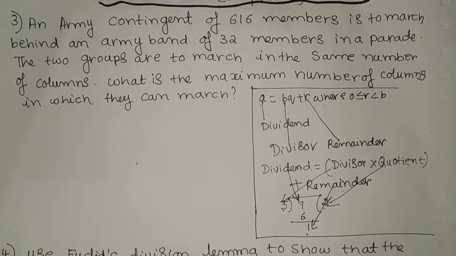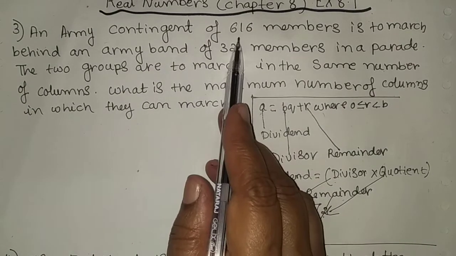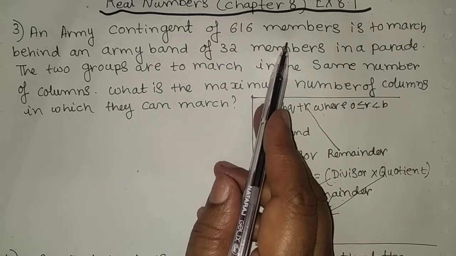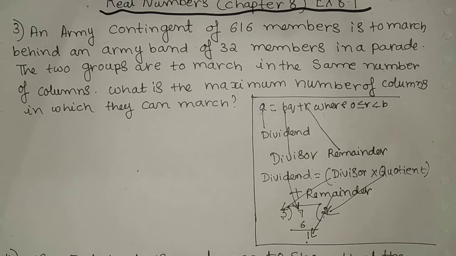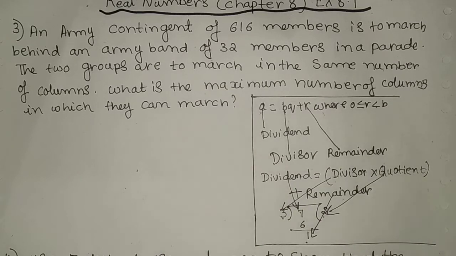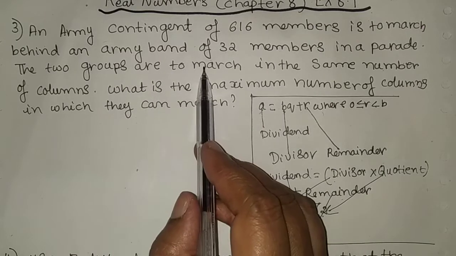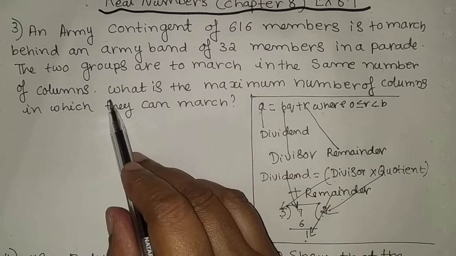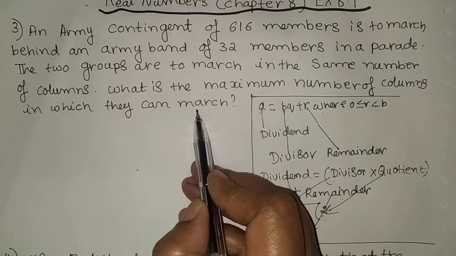What is the problem here? An army contingent of 616 members is to march behind an army band of 32 members in a parade. The two groups are to march in the same number of columns. What is the maximum number of columns in which they can march?